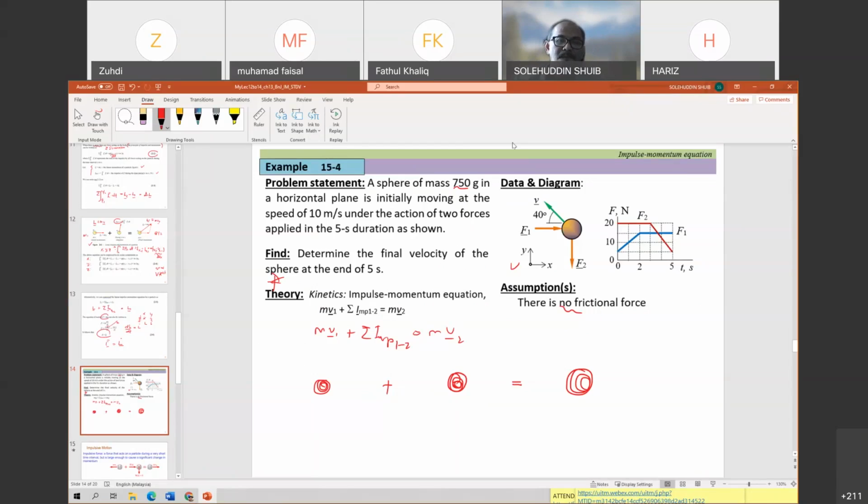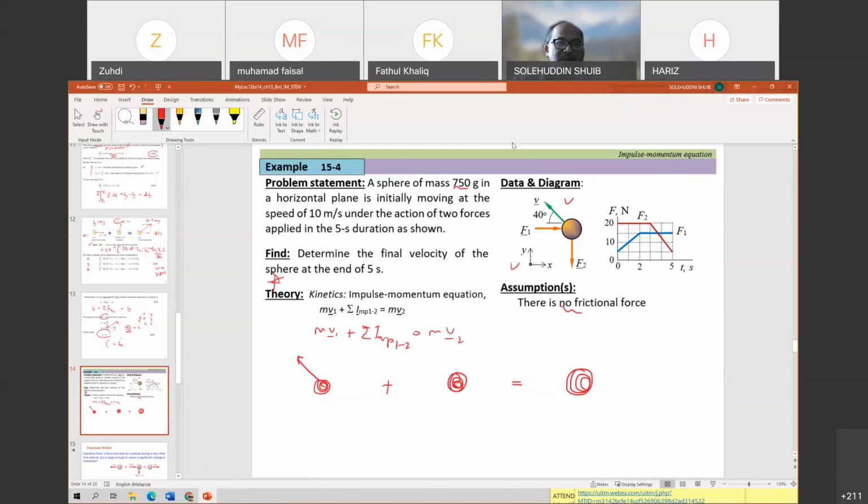Initial is this one. Copy exactly this one.